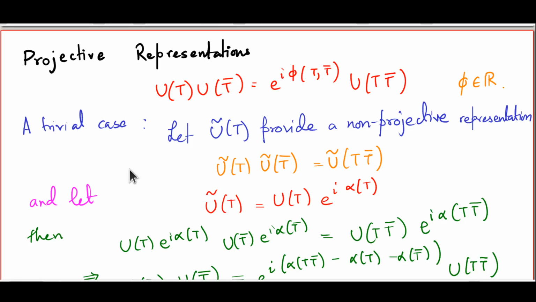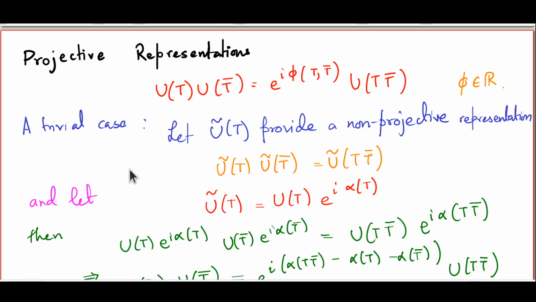We had also argued in a previous lecture that this phase factor has to be independent of the particular state that the product operator is acting upon. So what you would have is this relationship that you can see on your screen right now. U T times U T bar would be e to the i phi, which is a function of T and T bar, times U T T bar. This phi, of course, has to be a real number because this overall factor has to be pure phase.